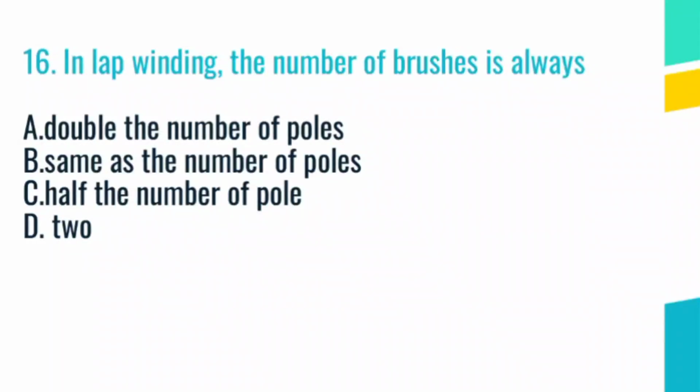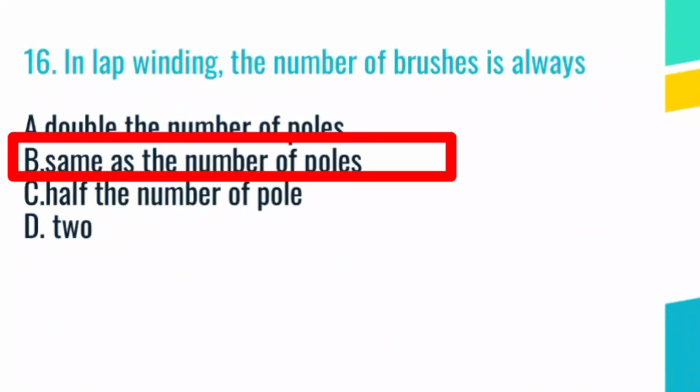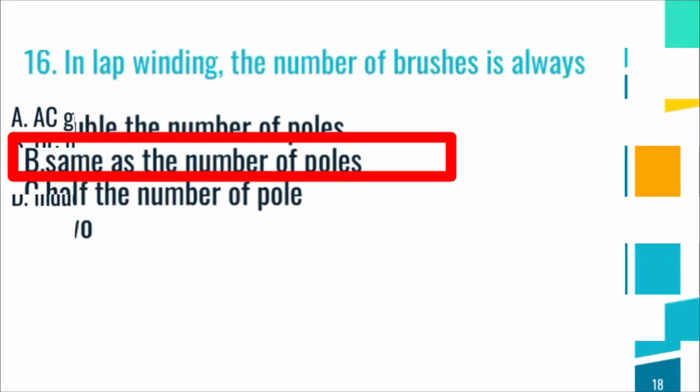Hence, in lap winding, the number of brushes is always same as the number of poles, because in lap winding A equal to P and it is equal to brushes. But in wave winding, the number of brushes required is 2 because only 2 parallel paths are there. Hence the answer is same as number of poles. B is the answer.